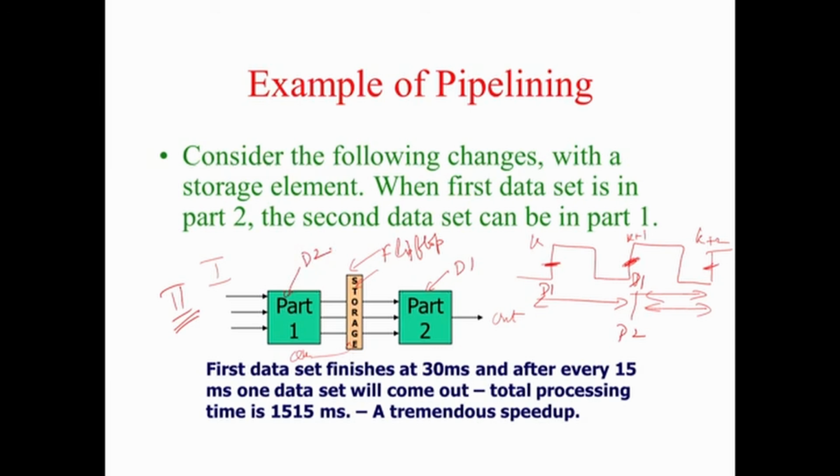All that you are processing will not affect the input to D1 because this is a storage element and any change here will get into the storage only at the next rising edge. So essentially the storage element acts as an isolation between these two stages.